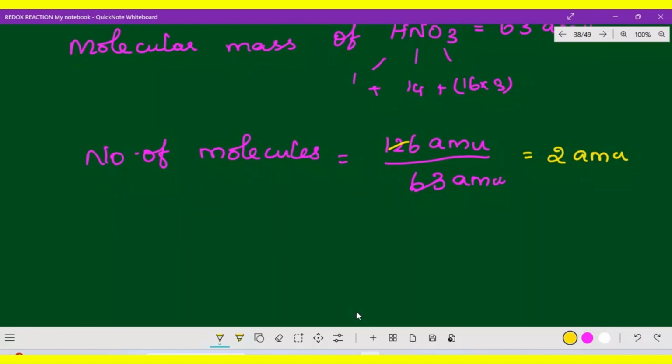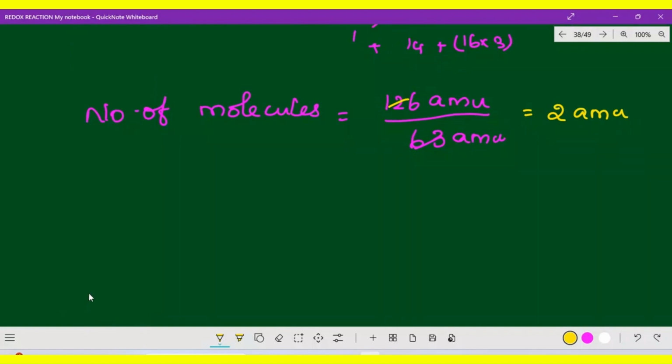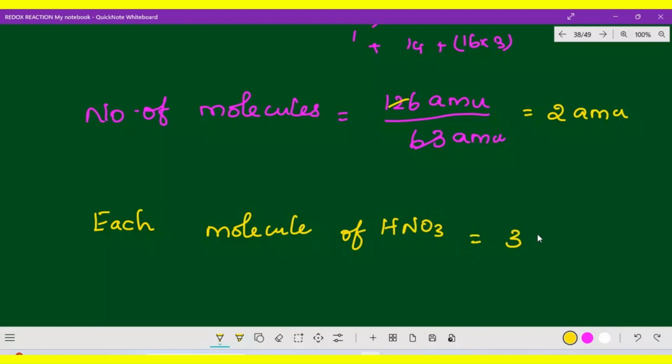Now, in the question, it has been asked: what is the number of moles of oxygen atom? So, number of molecules, how many oxygen atoms are available? Each molecule of HNO3, how many oxygen atoms are available? 3 oxygen atoms. Right, HNO3 has 3 oxygen atoms.